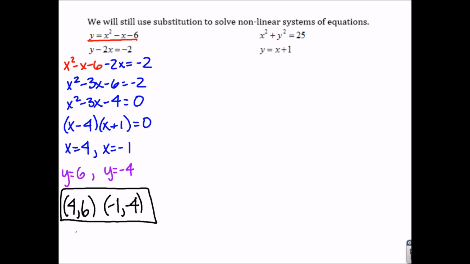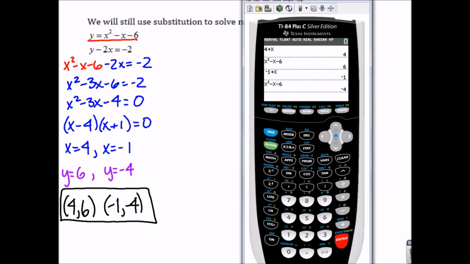I'm going to go ahead and check these by graphing, which we learned how to do last class. So I'm going to type the first equation into y1. And the second equation, if I solve it for y, I end up with 2x minus 2. So then I can go ahead and graph those.